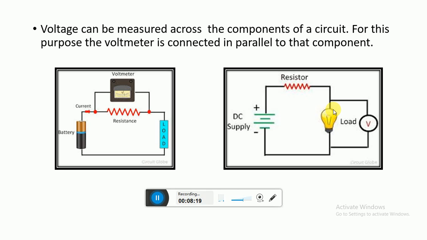In this way we can determine the potential difference across the bulb. I hope there is no confusion about how we connect the voltmeter in parallel with that component, either a resistor or a light bulb.